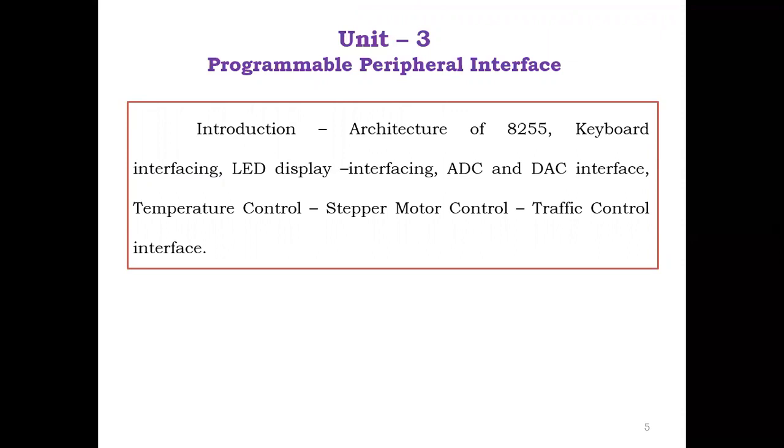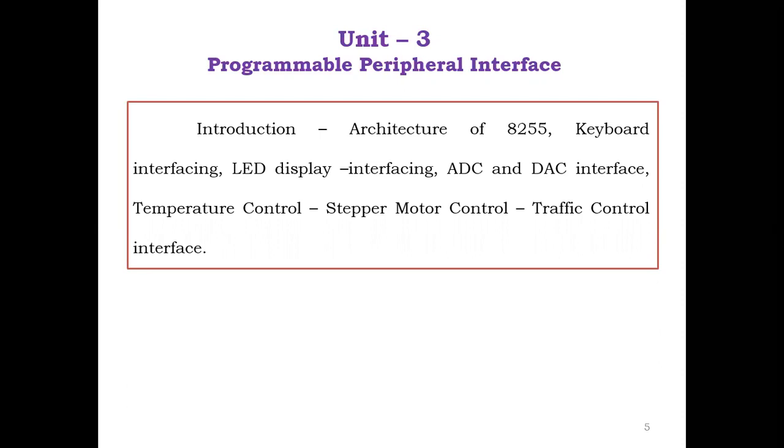That means if you are connecting external devices with the microprocessor, you only use interfacing devices, that is, the programmable peripheral interfaces. These are used to connect external devices with the microprocessor and microcontroller. That is the concept we are going to discuss in this unit number 3.